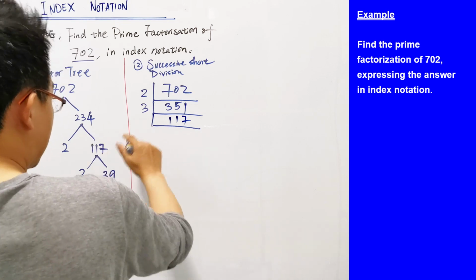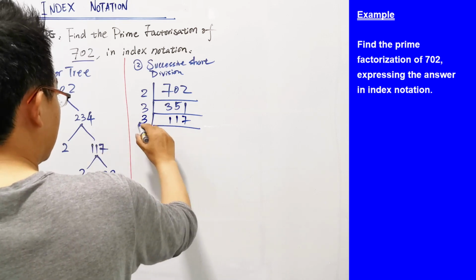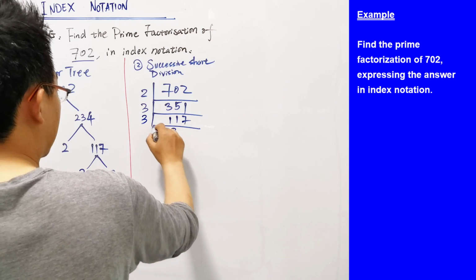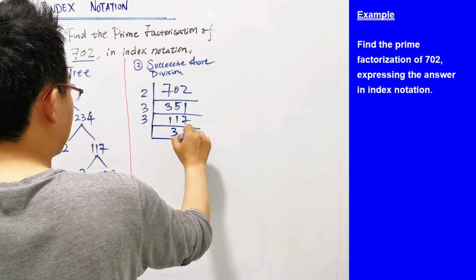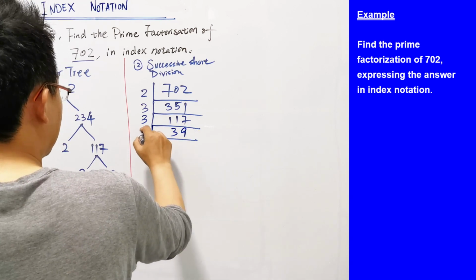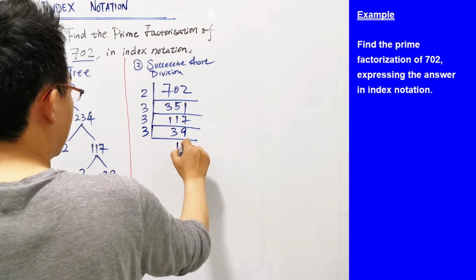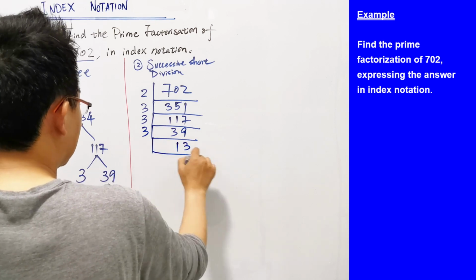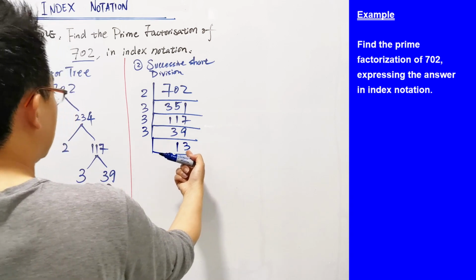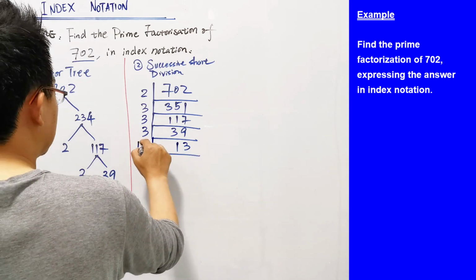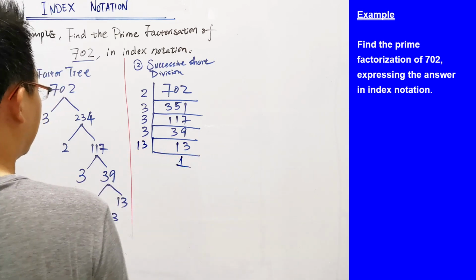Let's try 3 again. So what's this? It's 9, right? 117 over 3 is 39. Let's try another 3, so we get 13, right? Let's continue with 13. We cannot break it down because 13 is already a prime number. So in this case, we put 13 and we get 1, right?